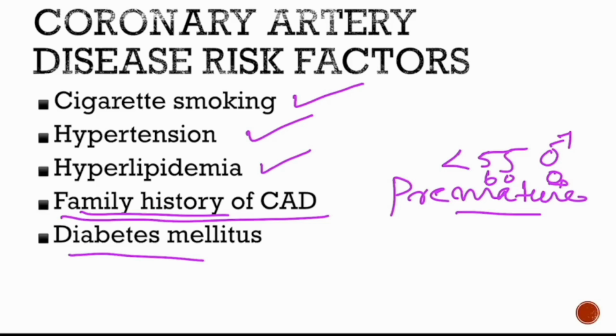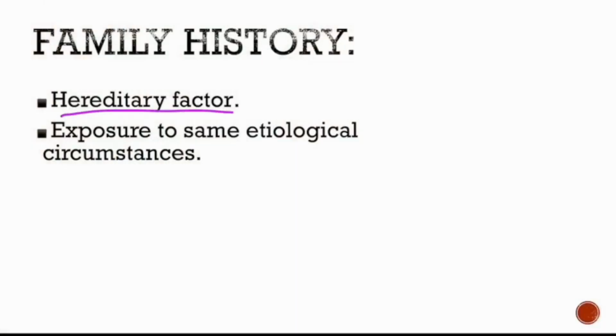In addition to the common diseases, just like in any other system, you should ask whether there is a history of asthma, tuberculosis, etc. Then coming to the family history, in the family we are concerned with some hereditary factors and exposure to some etiological substances. So you should ask about any family history of disease. You can use the mnemonic MJ THREADS.